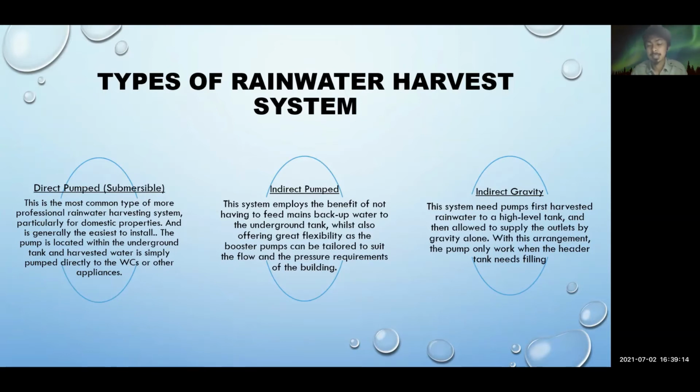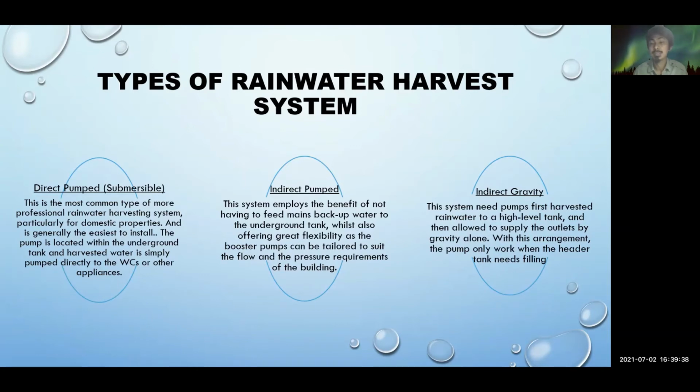And then the second one is the indirect pump. Indirect pump means we strictly distribute the water supply from the catchment area. So before the catchment area, we have the point discharge. During the point discharge, we provide a filter to make sure our water stays clean.